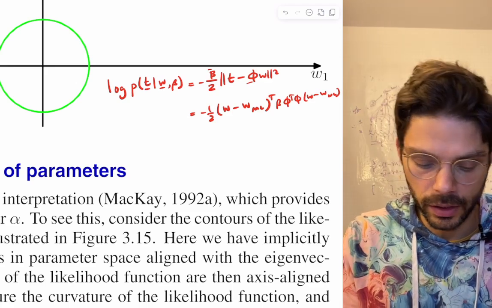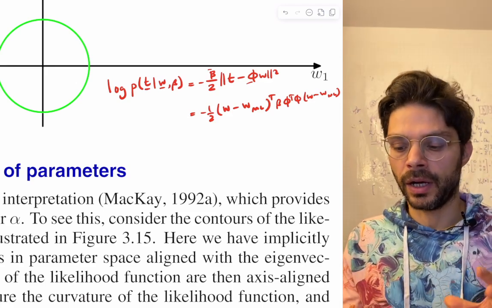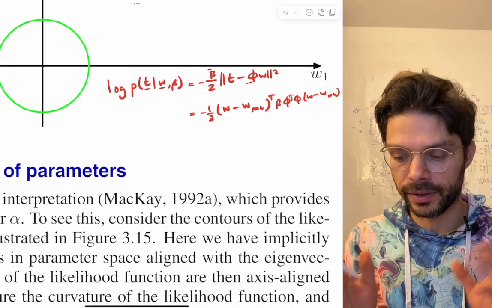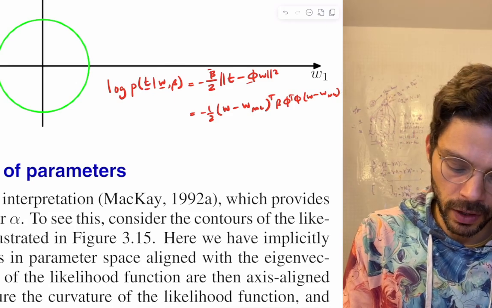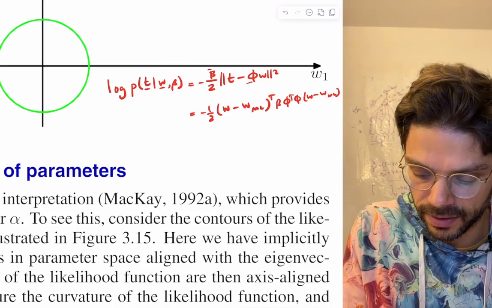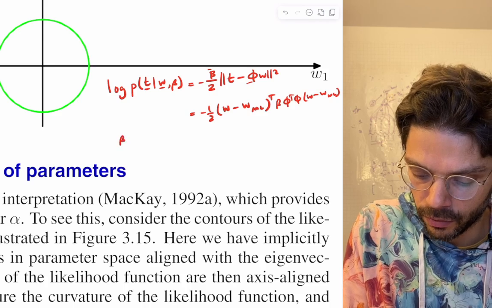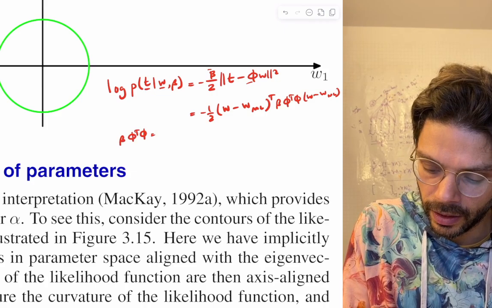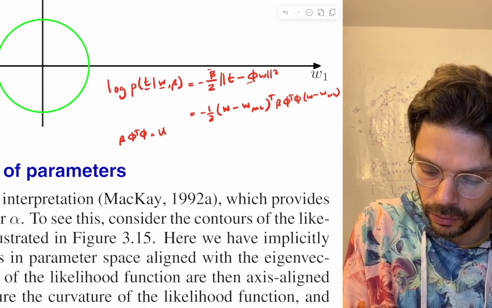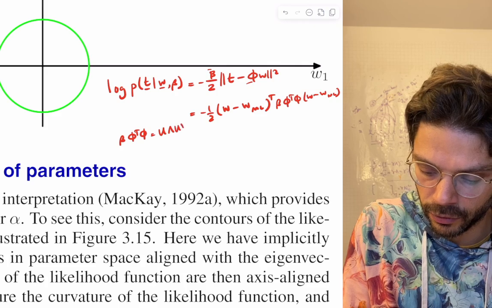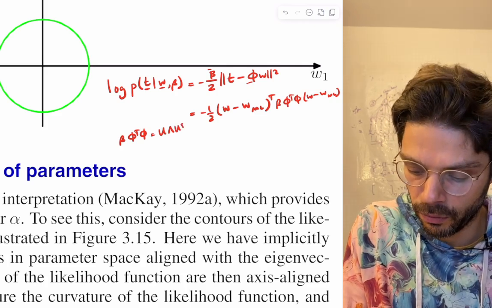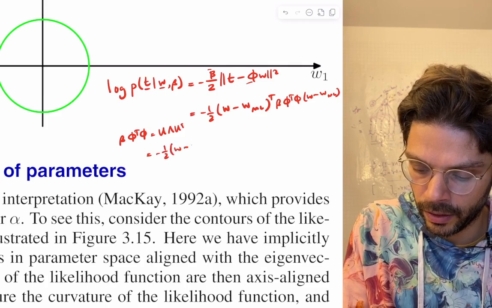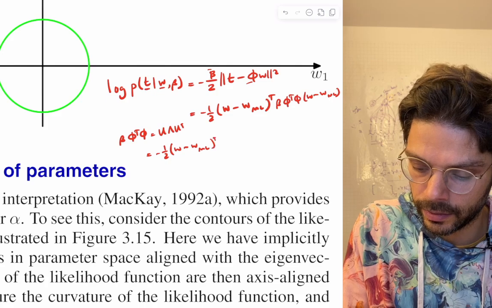That's what he's talking about, the contours of the likelihood function. So we're going to do the same trick we always do. We do the eigen decomposition, equal to U times lambda times U transpose, and we put that in here with W minus W_ML.